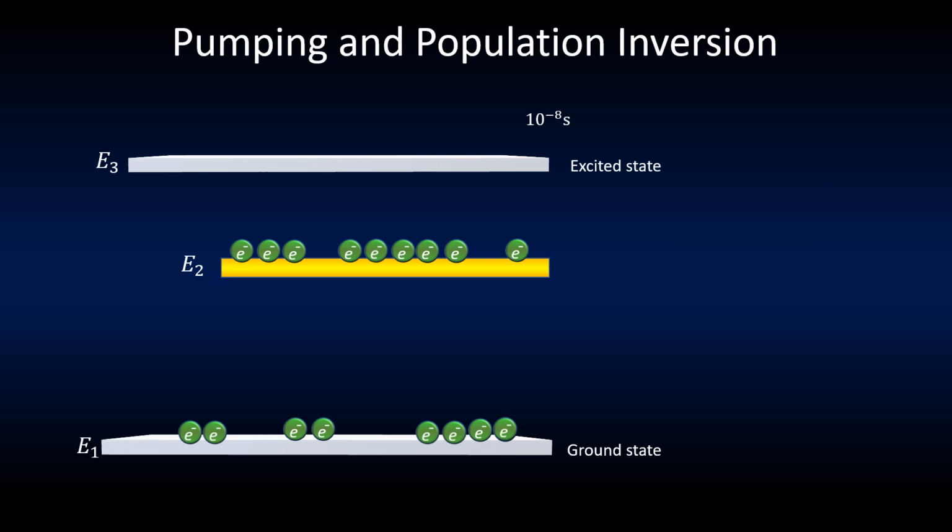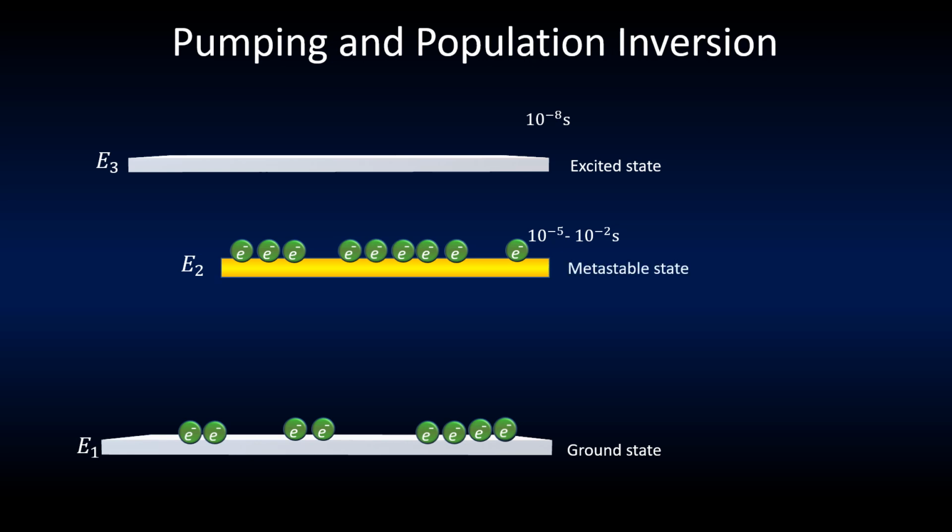Electrons stay in E2 state for a longer period of time as compared to E3 state. It stays for about 10 raised to minus 5 to 10 raised to minus 2 seconds. This electron state is called as metastable state.